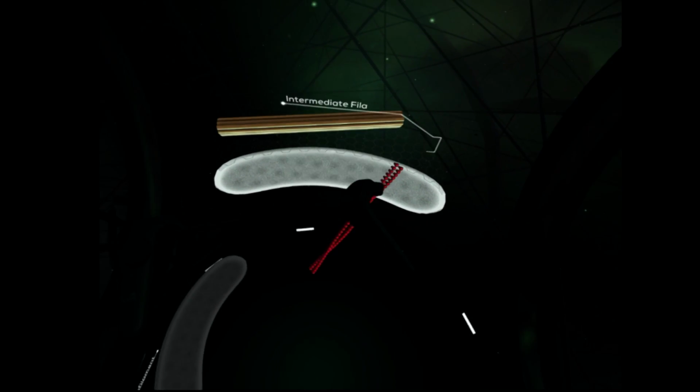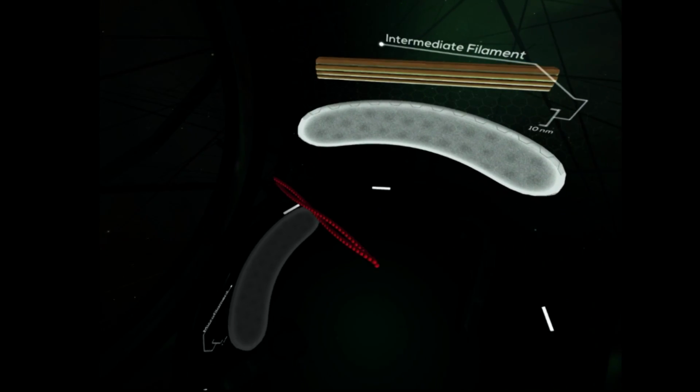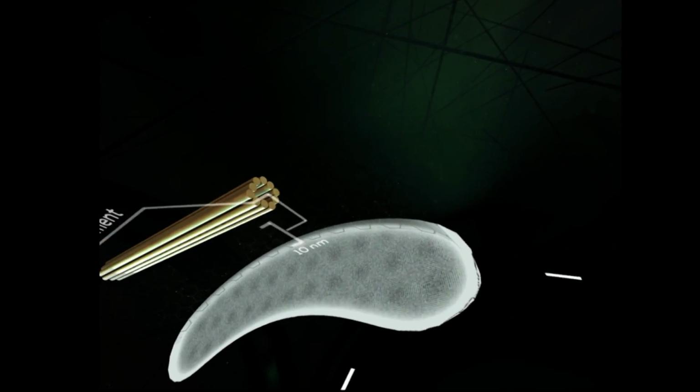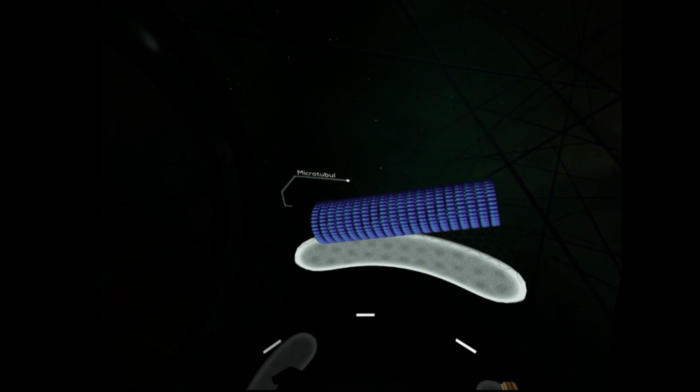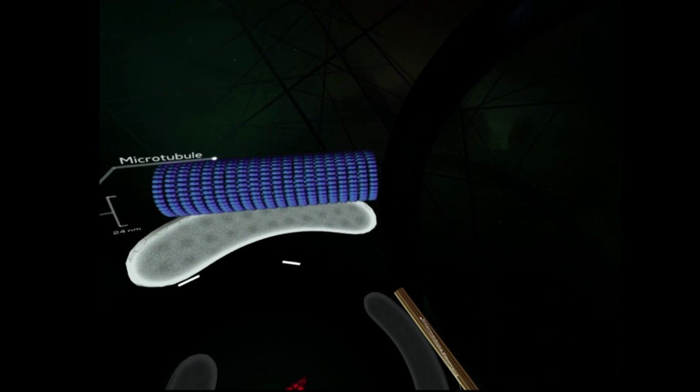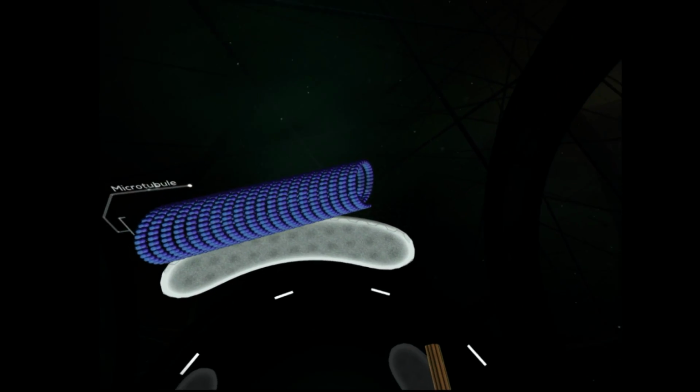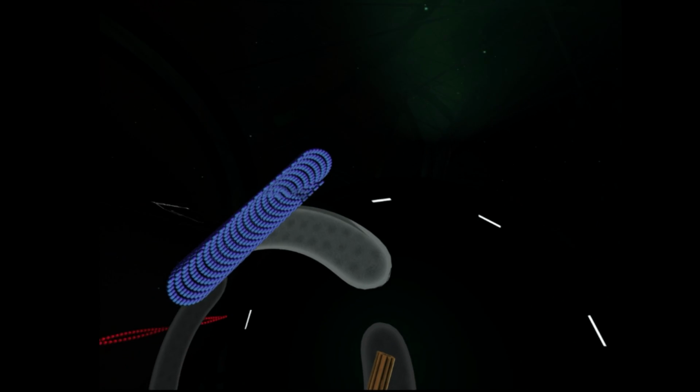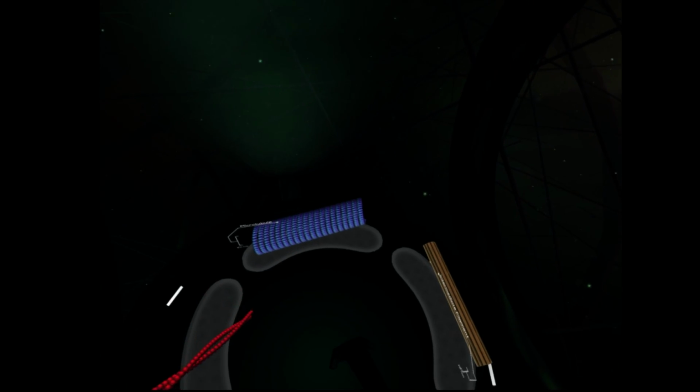Intermediate filaments are made of the protein actin and have a diameter of 10 nanometers. That is tiny. Lastly, microtubules have a diameter of 24 nanometers, which is wide enough to be used for transport.